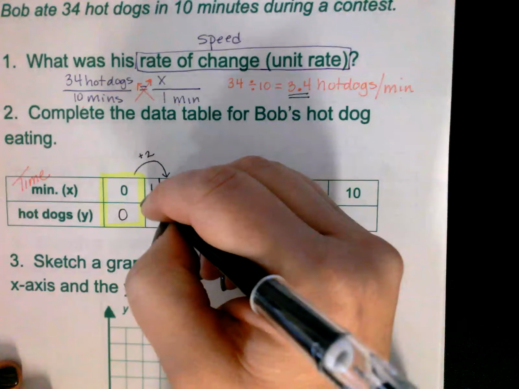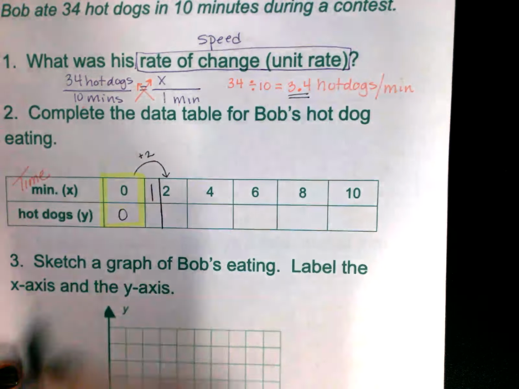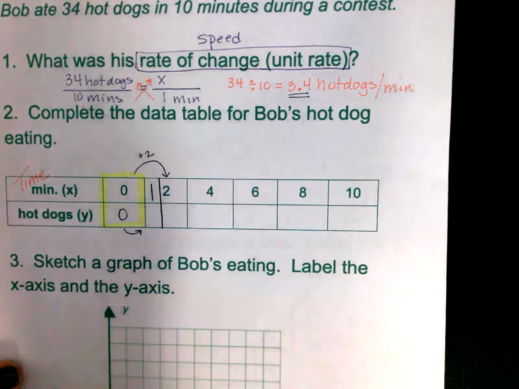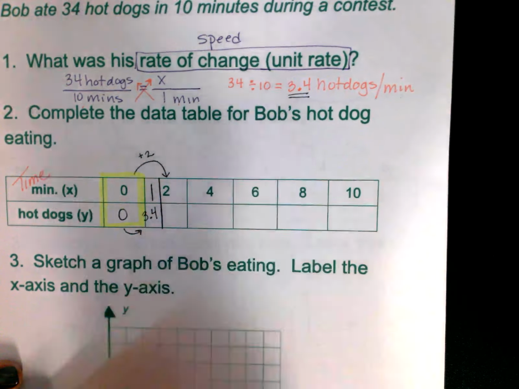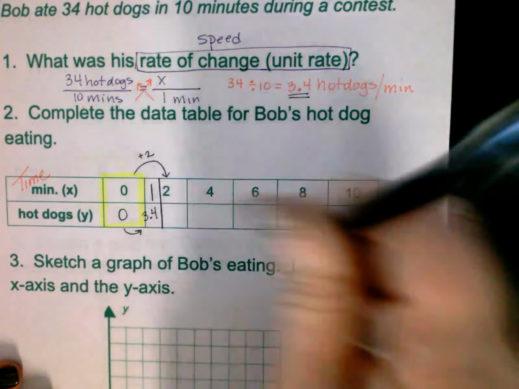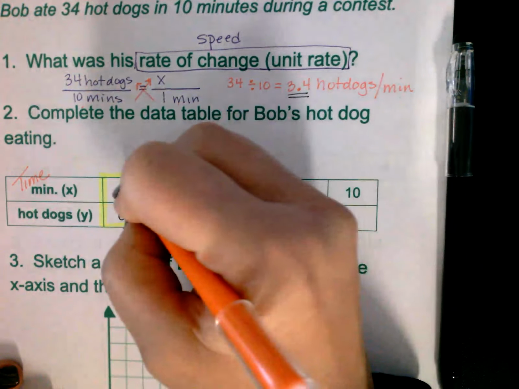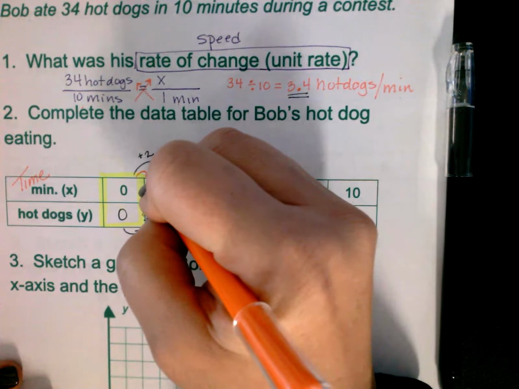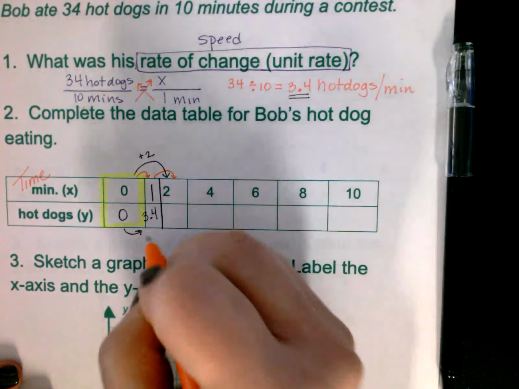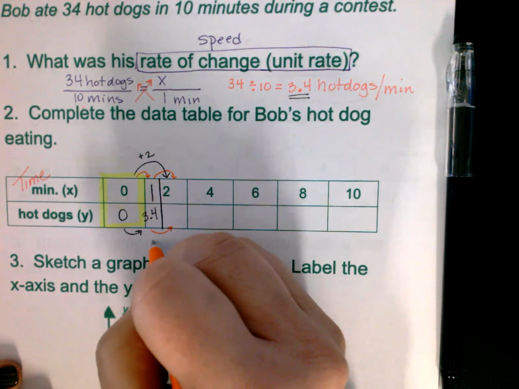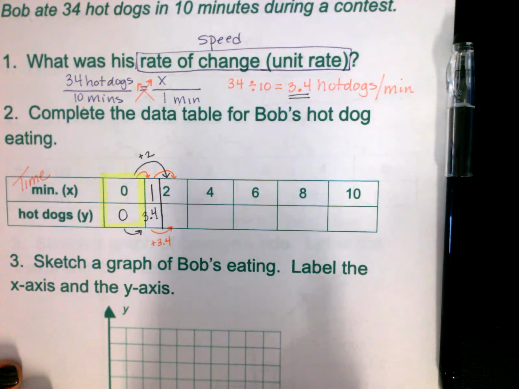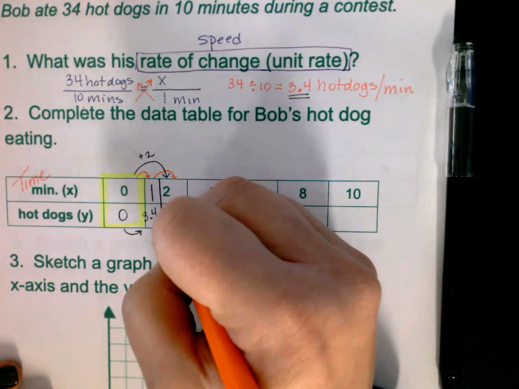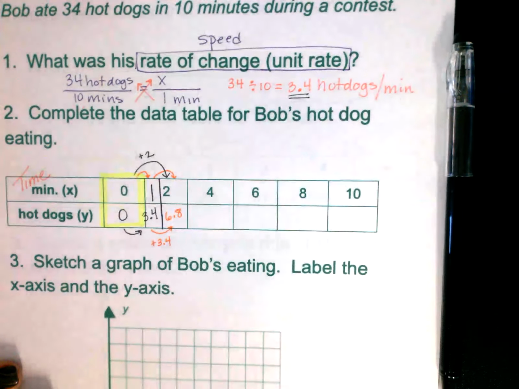If I was going to say then after 1 minute, how many hot dogs would Bob have eaten? 3.4. Then to get from the 0 to the 1, we added 1. And then the next minute, he would be able to eat another 3.4 hot dogs for a total of 6.8 hot dogs.